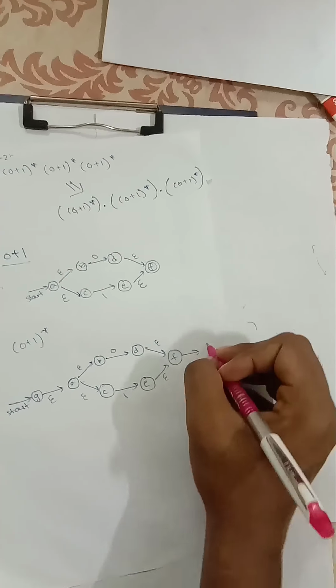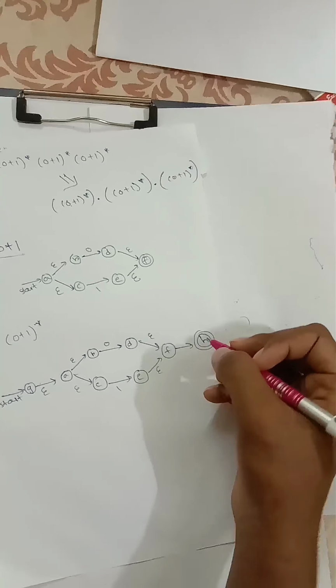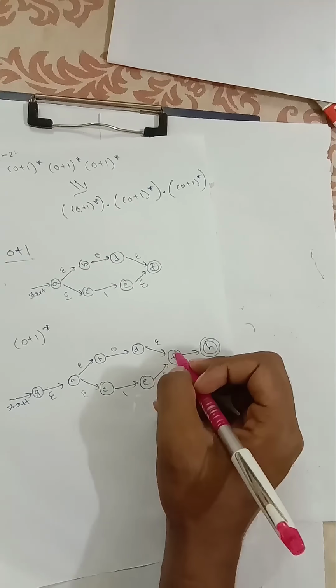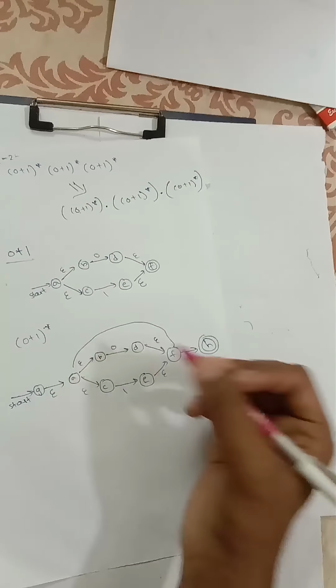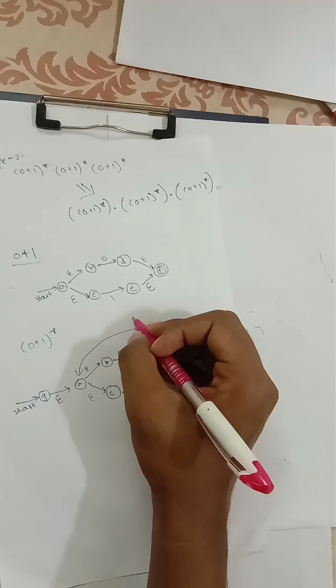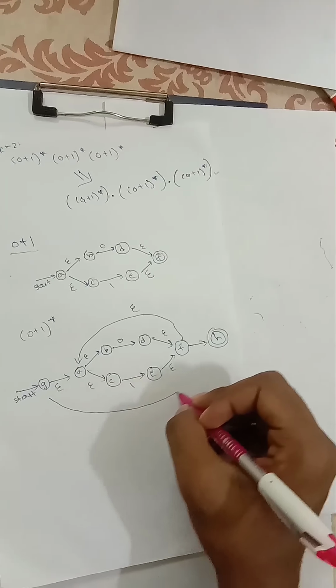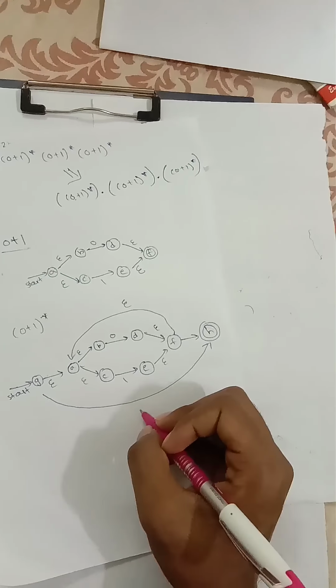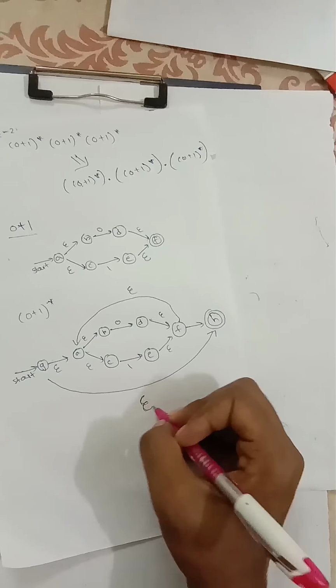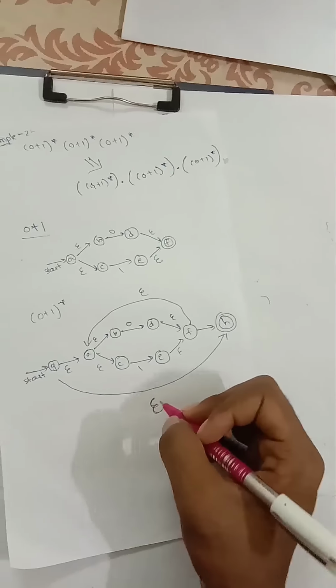And take H as a final state, where we need to draw a path from F to A on epsilon transition, and also we need to draw a path from G to H. Here we completed an automata for 0 plus 1 whole star.